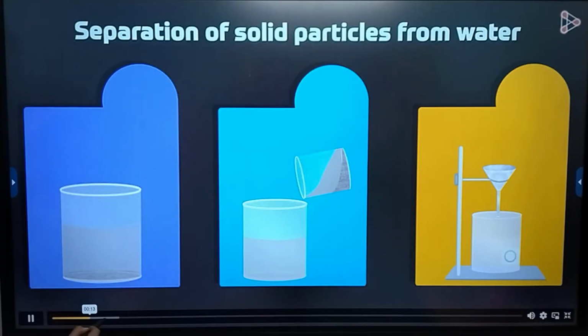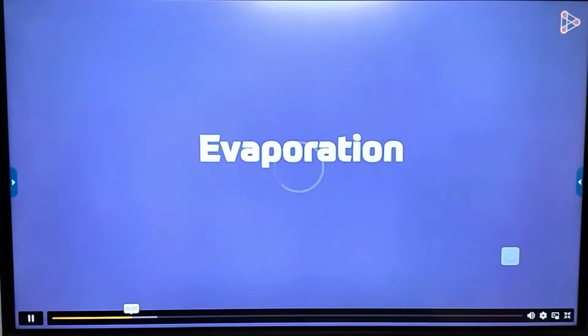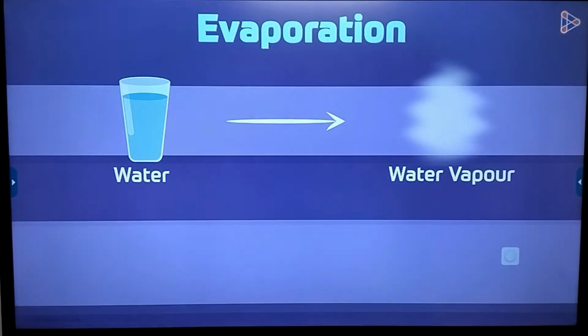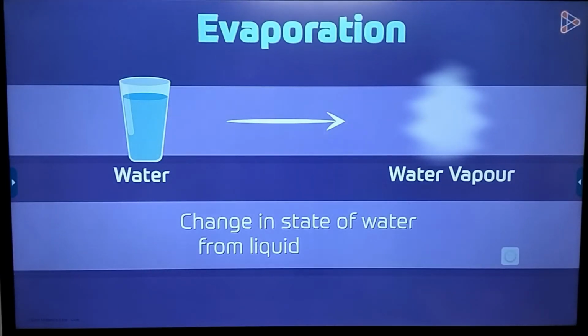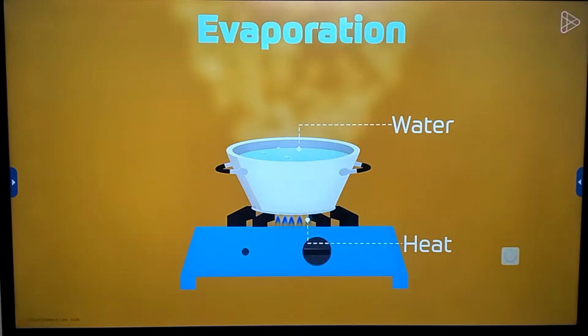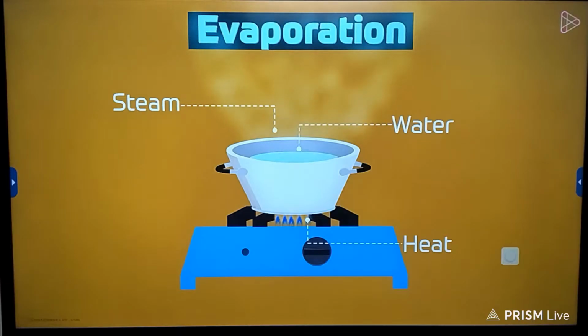These methods were sedimentation, and evaporation. It is simply a process in which water is converted into steam or water vapor. So changing the state of water from liquid to gaseous state is called evaporation. If you keep water in a vessel and heat it for a prolonged time, then all the water gets converted to steam.